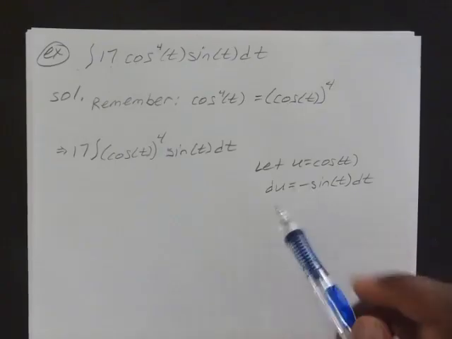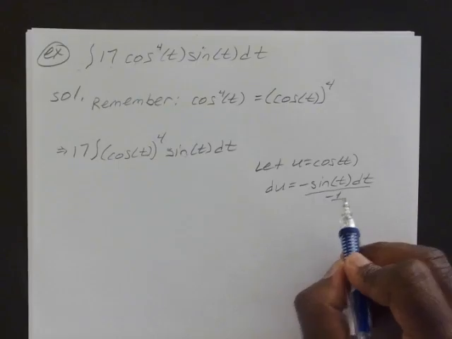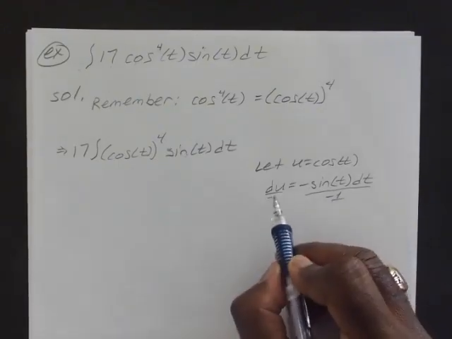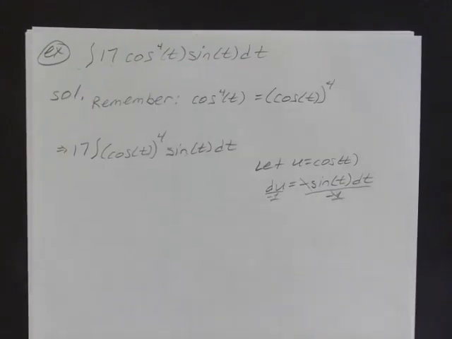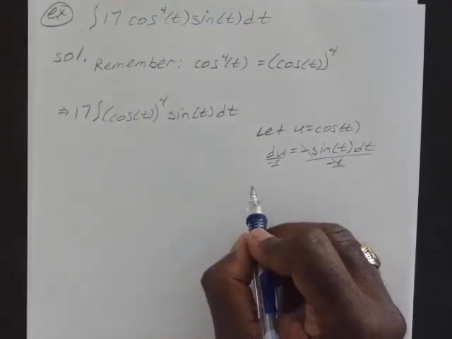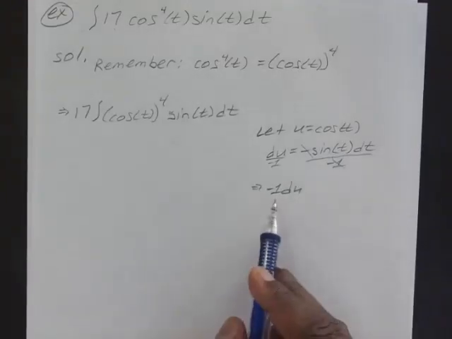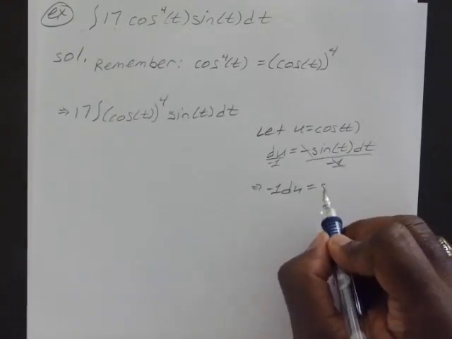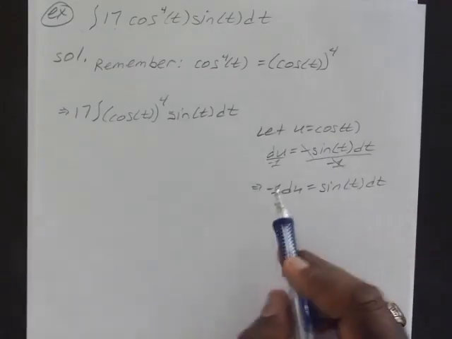Okay, but we don't want negative sine, we want positive sine. So if we divide both sides by -1 or multiply both sides by -1, up to you, those two will cancel out. So that gives us -1 du, or you can just put negative du, is equal to sine of t dt.